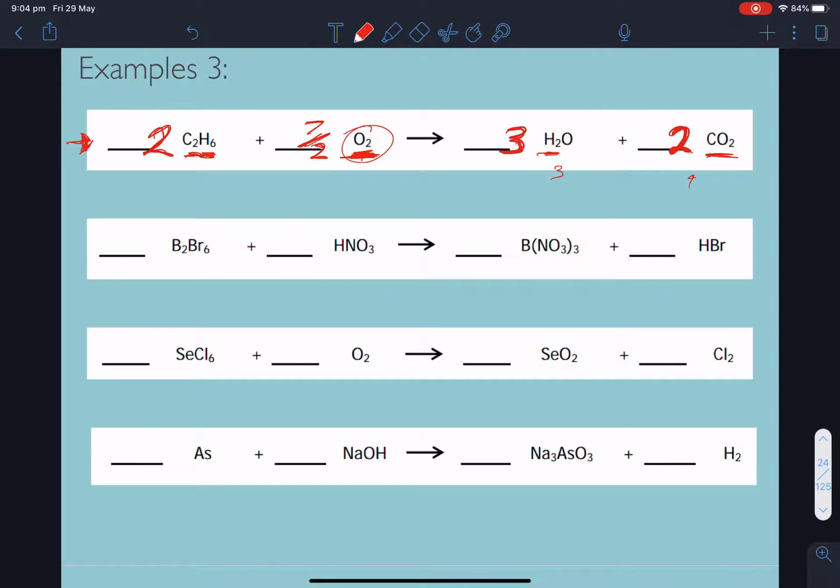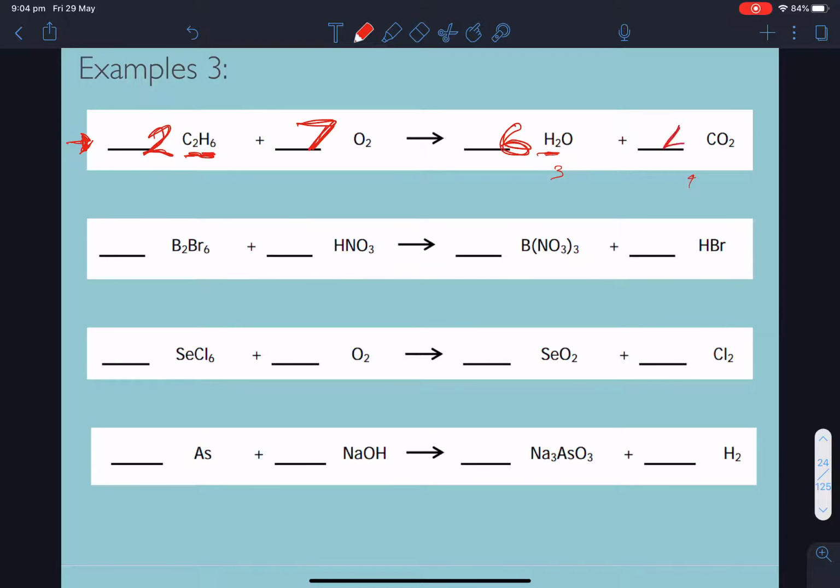And if we multiply 7 halves by 2, we get rid of the 7 on 2, and it just becomes 7. Now we're multiplying the 3 by 2, and so the 3 waters turns into 6 waters. My messy writing. And the 2 carbon dioxides multiplied by 2 become a 4.